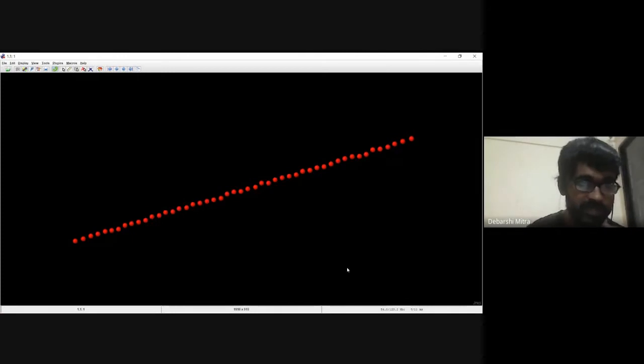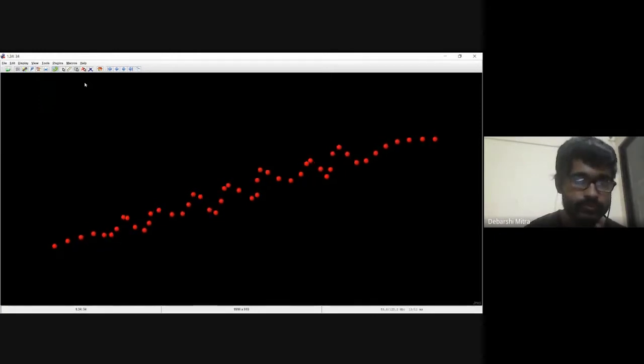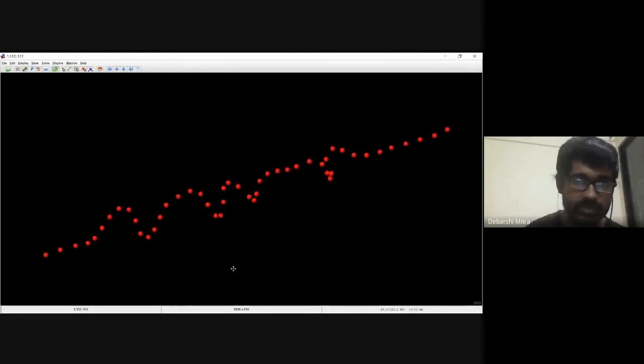This movie will illustrate the formation of helices. So one could see that the helix formation took place. I'll just gently rotate it for a better viewing experience.